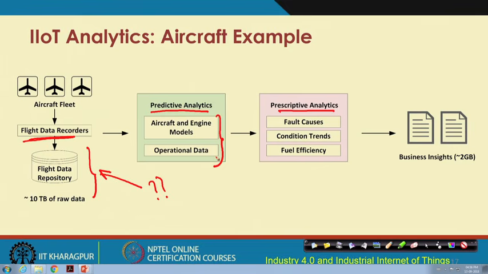Prescriptive analytics basically deals with fault causes, condition trends, fuel efficiency and so on. So, both predictive and prescriptive analytics can help in getting business insights and so on. This is just an example where analytics is very important.